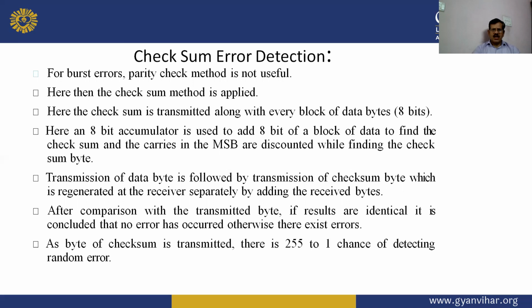After comparison with the transmitted byte, if the results are identical, it is concluded that no error has occurred; otherwise there exist errors. As a byte of checksum is transmitted, there is a 255 to 1 chance of detecting random errors in this checksum error detection technique.